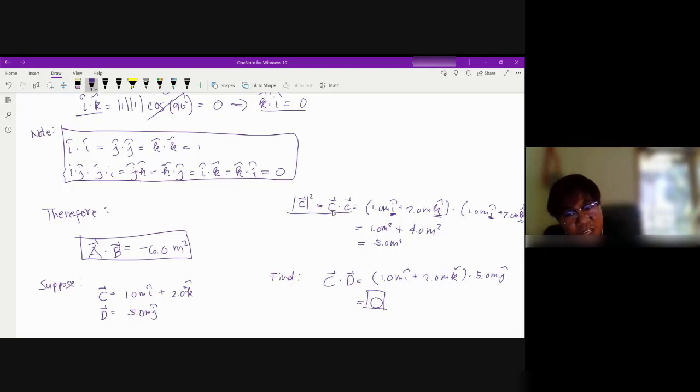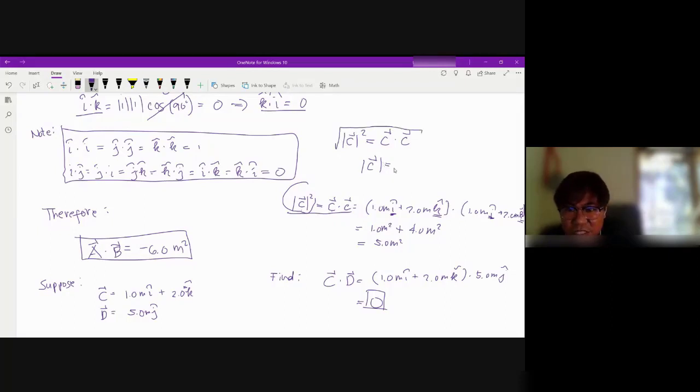When you multiply a vector by itself, that produces the magnitude of that vector squared. Remember this notation, the absolute value squared. So if you dot any vector with itself, in this case C, that would mean the magnitude of C squared. Now if you want to find the magnitude of C, all you have to do is take the square root of both sides.